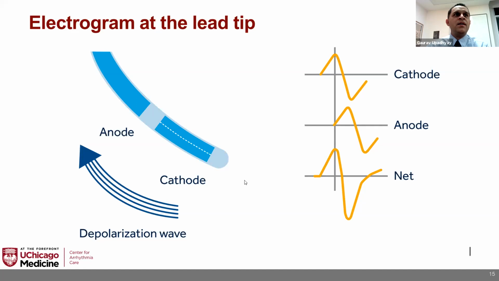And in EP, we talk a lot about near field, so something that we think is in relative close proximity to our recording electrodes, and far field, meaning that the recording electrode is sensing an electrical event, but that is further away from immediately adjacent to.